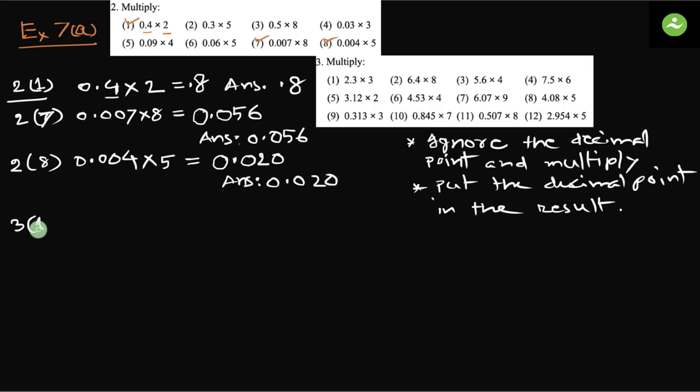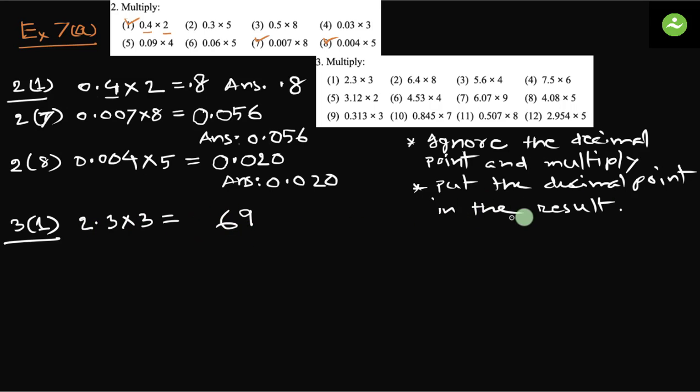Now question number 3, bracket 1. 2.3 into 3 equals, ignore the decimal point and multiply. 3 into 3 is 9, 3 into 2 is 6.